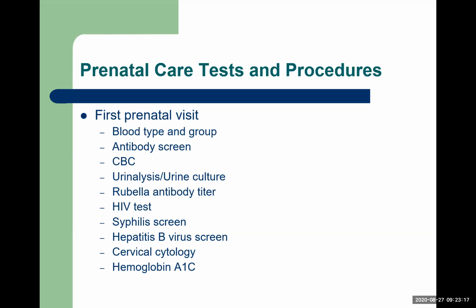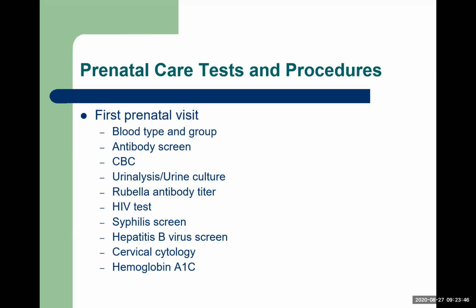Very rarely, you could pick up an abnormality in the white blood cell count that may need workup for a cancer, as well as the indices. The one we look at very carefully is the MCV, because we can detect different types of anemia. We also get a urinalysis and a urine culture.